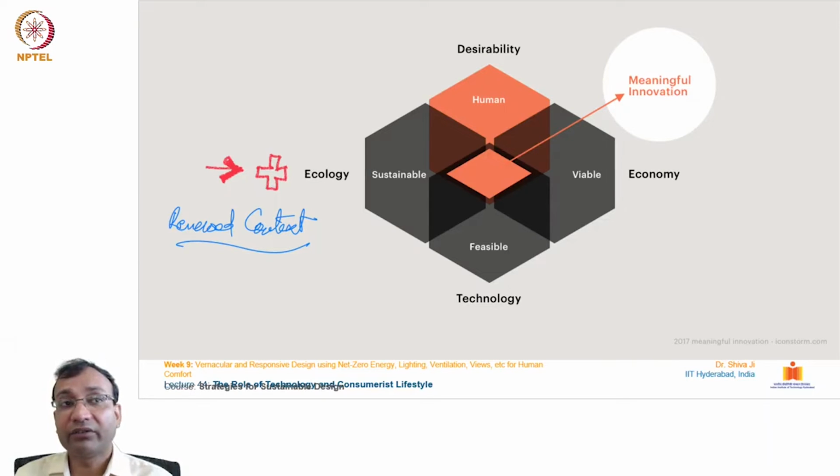With the influence of this, there is another addition of ecology to the pre-existing three domains. So the approach of sustainability is introduced, and at the cusp of these four, it is now proposed that meaningful innovation can happen.